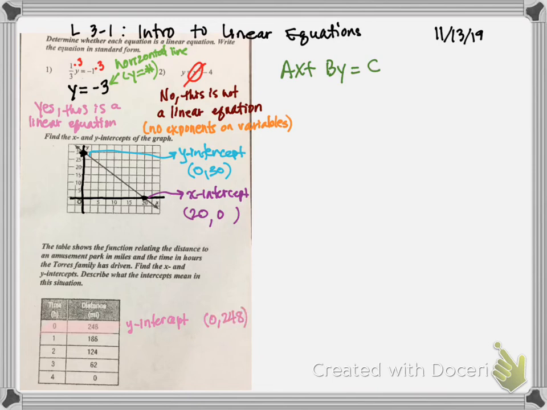So when you're seeing these vertical tables, the first column are your x values, and the second column is your y values. Now, we may call them something different. We may call the x h for time, and we may call the distance mi for miles, okay? So we can use the labels.